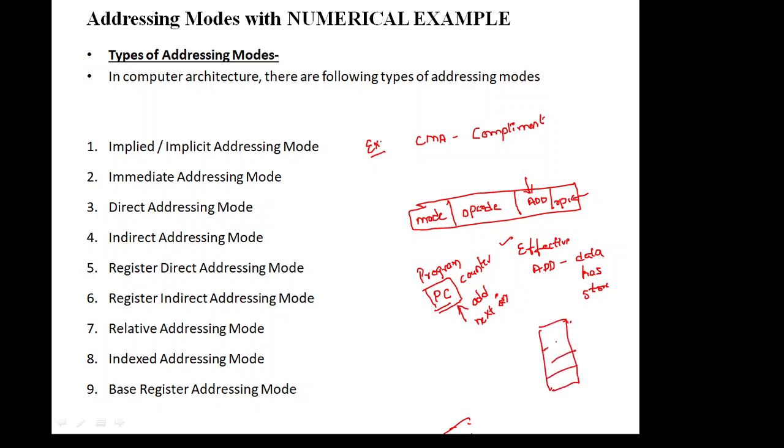Here we have 201, 202 and 203. Now the CPU is currently executing this instruction, in the sense the program counter is going to hold the next instruction, that is 202.